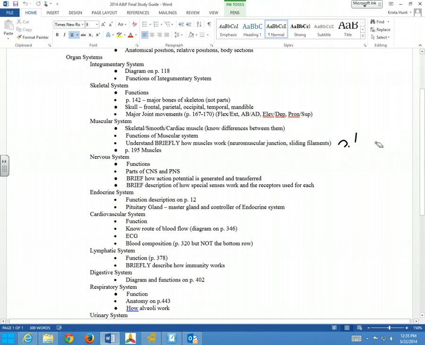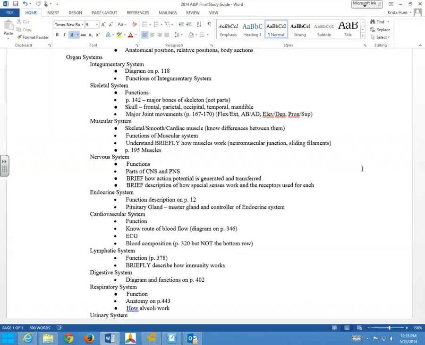What is the word you use when you can control your skeletal muscles? You can consciously control them. Page 185 does a very nice job of explaining how muscles work, and there's also a lovely picture on page 184.